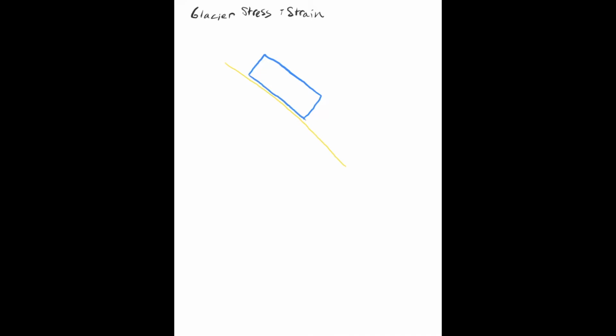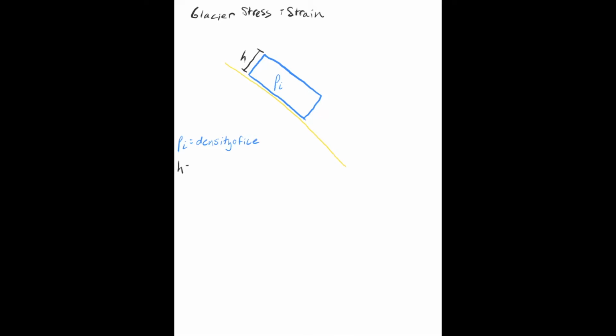And of course, we know that this is our block of ice. So this ice will have a density of rho I. So rho I is our density of ice. And then we also know that this ice has some height, which we will call h.